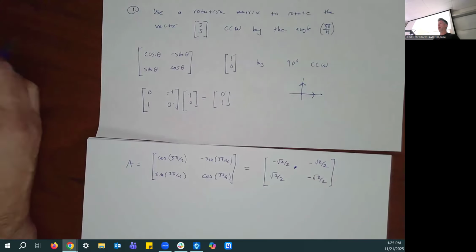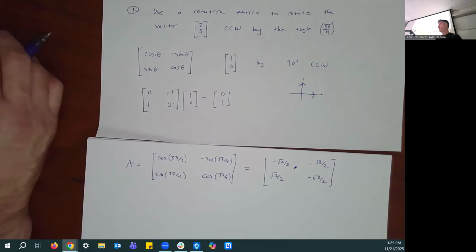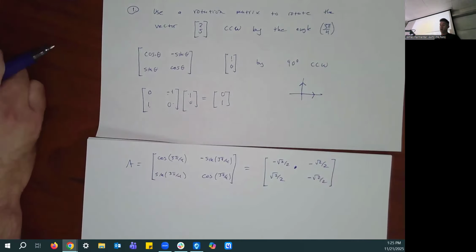No commas in your matrices. Because cosine of pi over 4 is root 2 over 2, and 3 pi over 4 is the angle with the reference angle pi over 4 in quadrant 2.